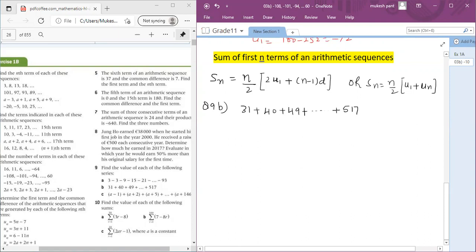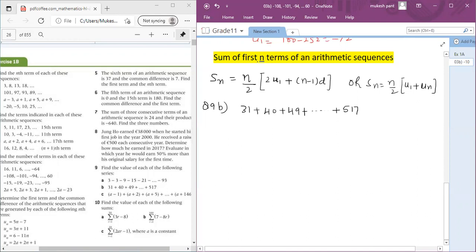So first n terms means counting of the terms will start from the first term, then second term, then third term, then fourth term, and so on. That's why we are using first n terms.